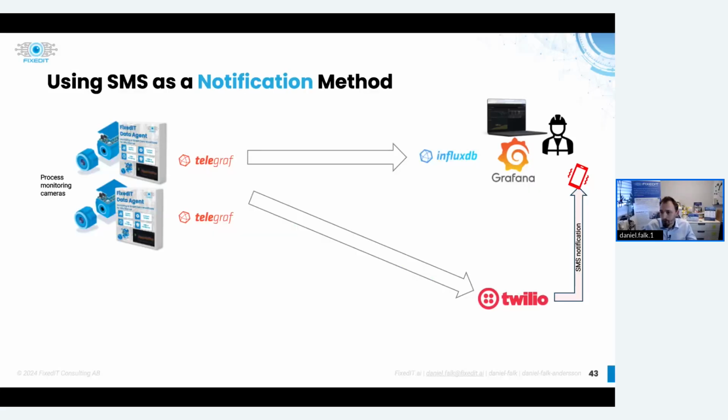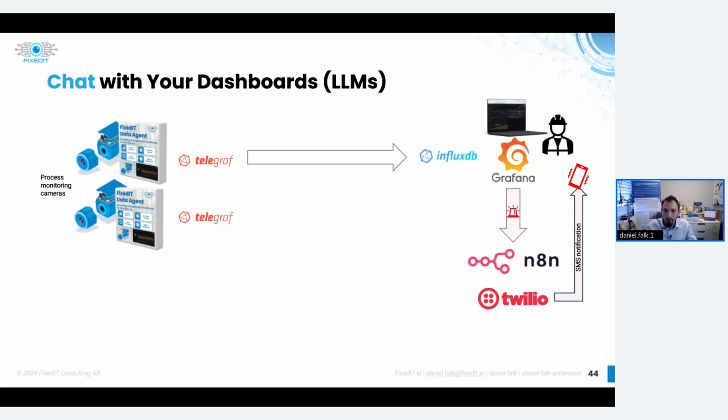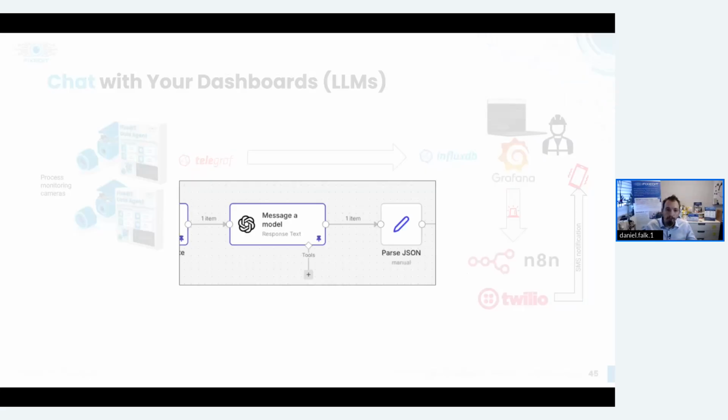But you could also skip N8N, for example, and if you want to, you can even have the Telegraf or the fixed data agent in the camera send the API call directly to Twilio to send the SMS notification without depending on the server with the dashboard. But going back to the N8N solution architecture, one really cool thing you can do here is that you can use the OpenAI ChatGPT models directly from this no-code interface.